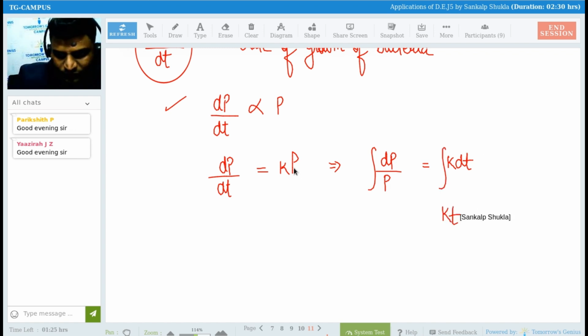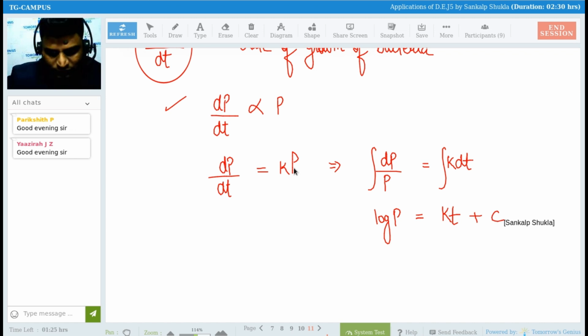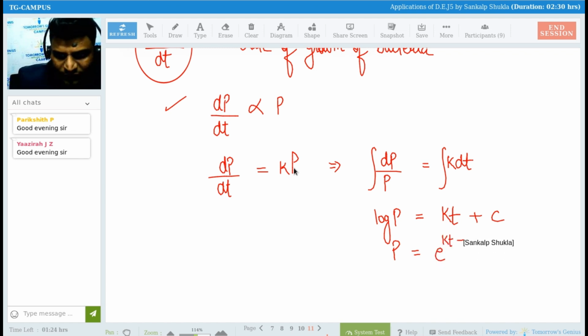So it is kt, and dp by p is log p, kt plus c. Now what is the formula of p? So if I want to find p, it will be e raised to the power kt plus c, into e raised to the power c.